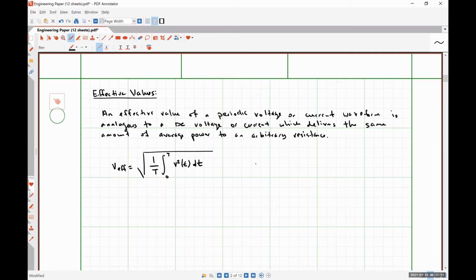And we can say the exact same thing for current. So the effective value for the current will be the square root of 1 over the period multiplied by the integral over 1 period of the square of the current waveform.